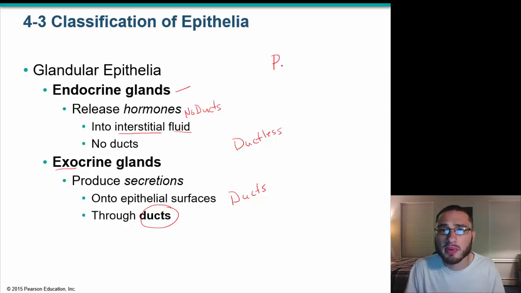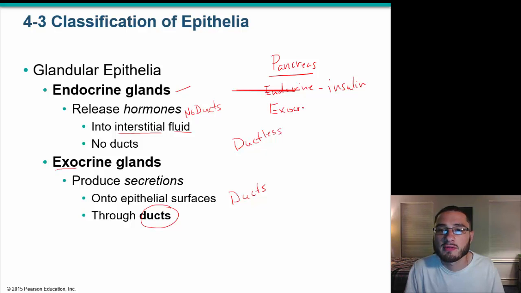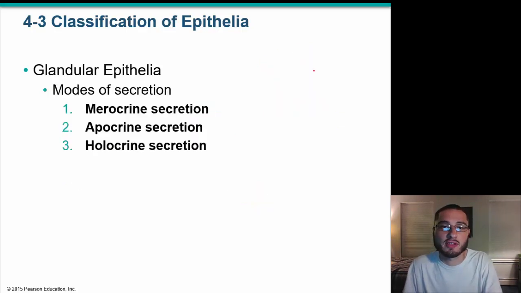One thing to know is that the pancreas, everyone always thinks about the pancreas as being an endocrine gland, okay, because it secretes the hormone insulin, but it's also an exocrine gland because it secretes digestive enzymes. So good thing to know, pancreas is actually considered both an endocrine and an exocrine gland.